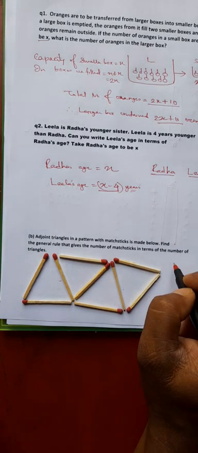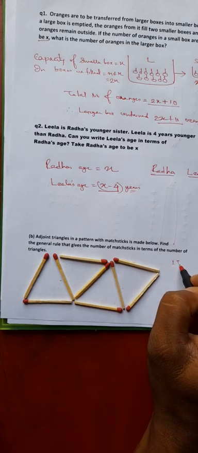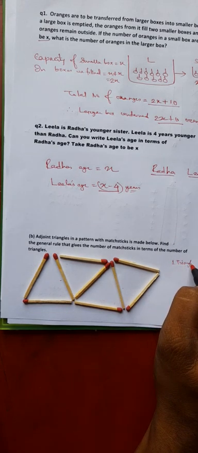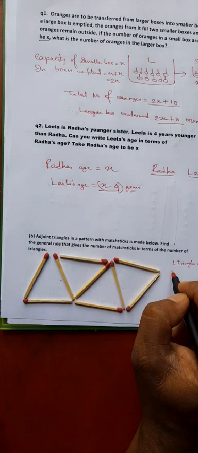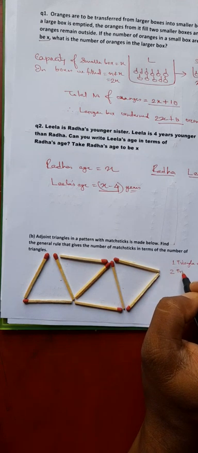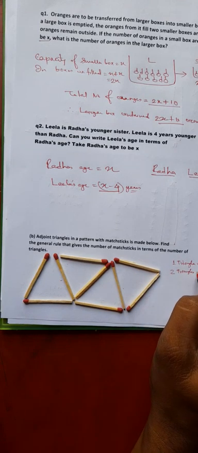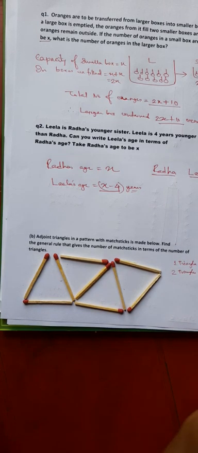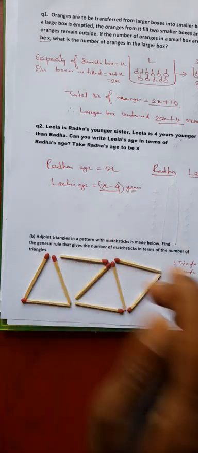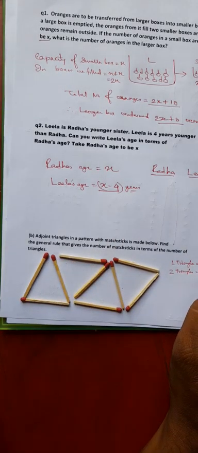Therefore, for one triangle, you are considering 3 sticks, right? For 2 triangles, we are considering 3 multiplied by 2, but we are replacing 1 stick from here, means we are subtracting 1.